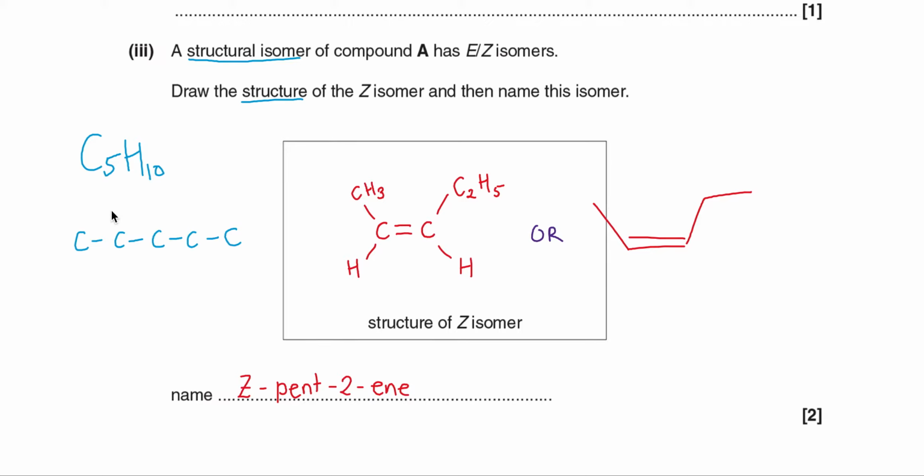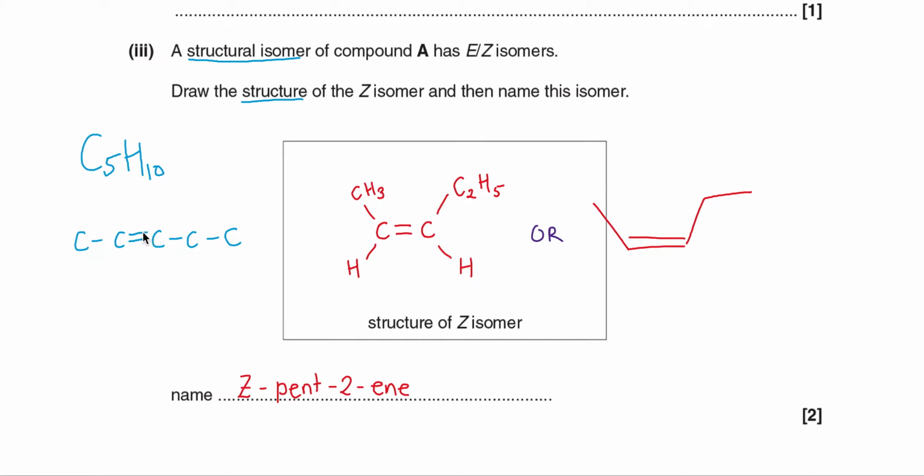And in terms of where the double bond would go, because we know this has got to be an alkene because it's got to show EZ isomerism, so it does have to have a double bond somewhere. If I put the double bond at the beginning here, I'll end up having 2 hydrogens coming off here, which means it won't show EZ isomerism.